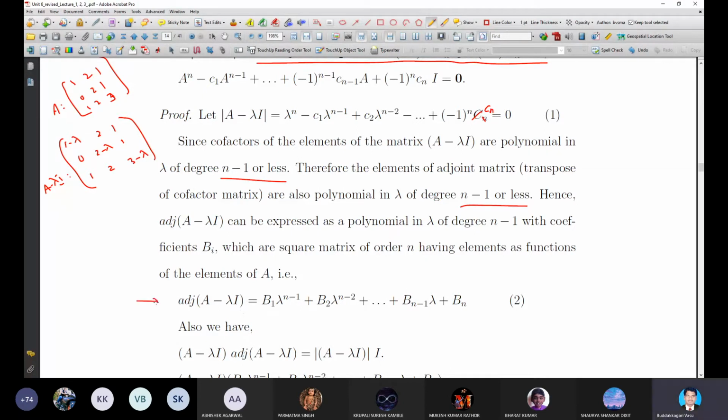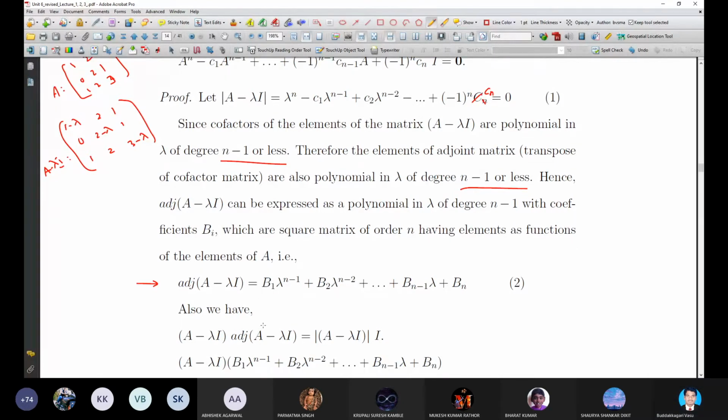If you understood this, the theorem gets completed. Then everything else is just simplification. The adjoint of A minus lambda I has elements that are polynomials in lambda of degree n minus 1 or less. Therefore, it can be expressed as a matrix polynomial in lambda of degree n minus 1. This is the understanding of this step.